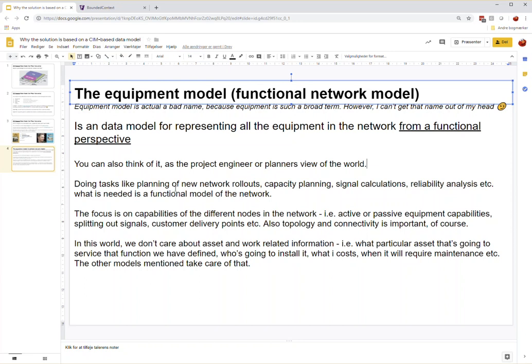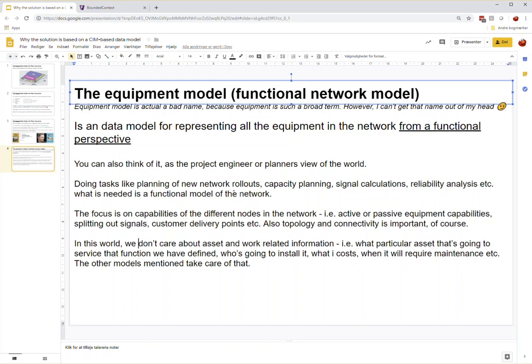You know, doing tasks like new network rollout, capacity planning, signal calculation, reliability analysis, etc. What is needed is this functional view of the network. And this is very important to separate, because in that phase where you're going to deal with this kind of problem, you don't care about all the other stuff.